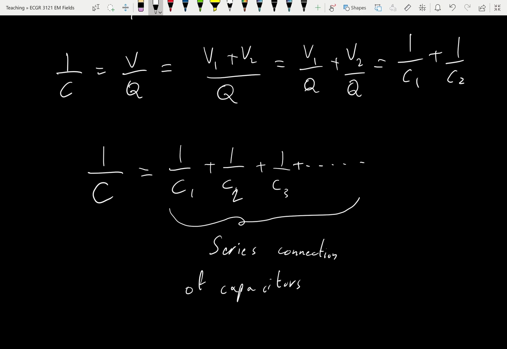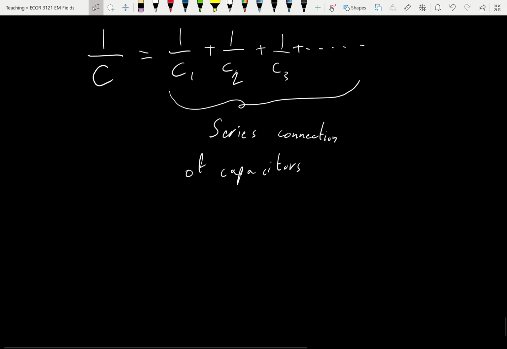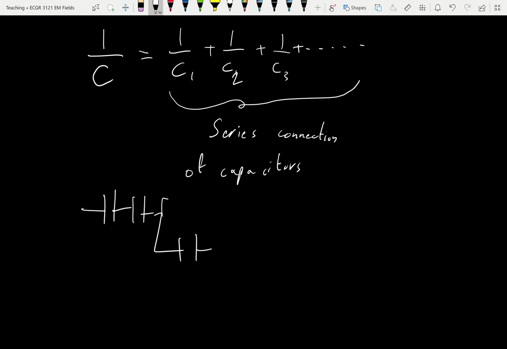And of course, again, from circuits, we know how to handle situations where we have series and parallel connected capacitors. You do the parallel connected capacitors separately, and then everything turns into a bunch of series connected capacitors, and you find the equivalent capacitance. Okay.